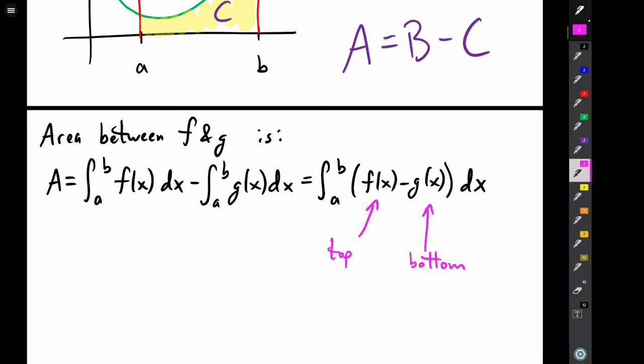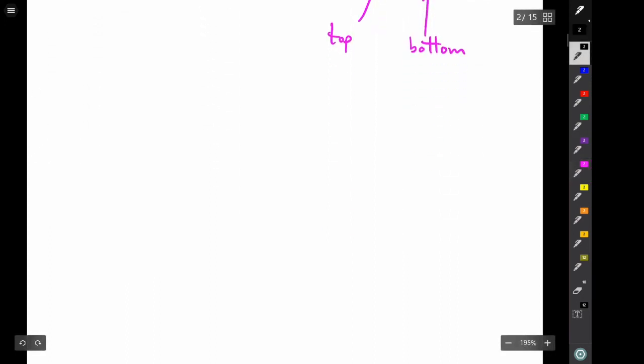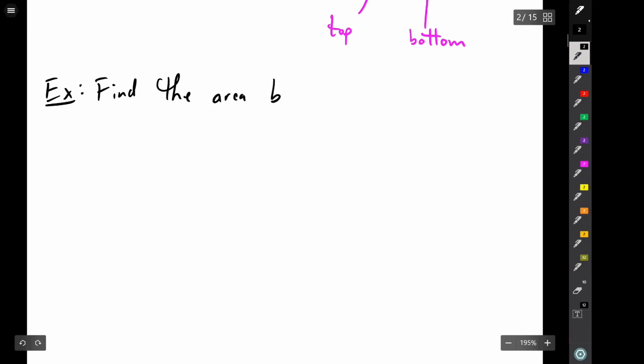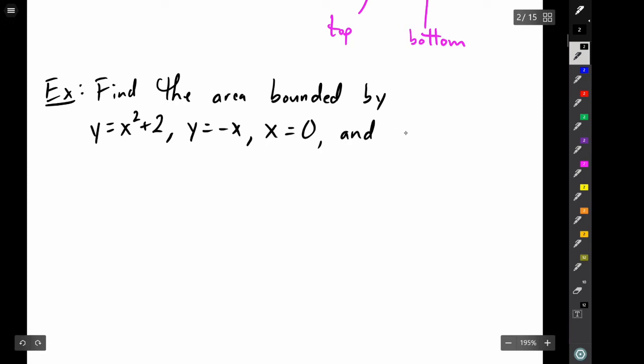And then let's do a quick example. Let's say we want to find the area bounded by y equals x squared plus 2, y equals negative x, and x equals 0 and x equals 1.